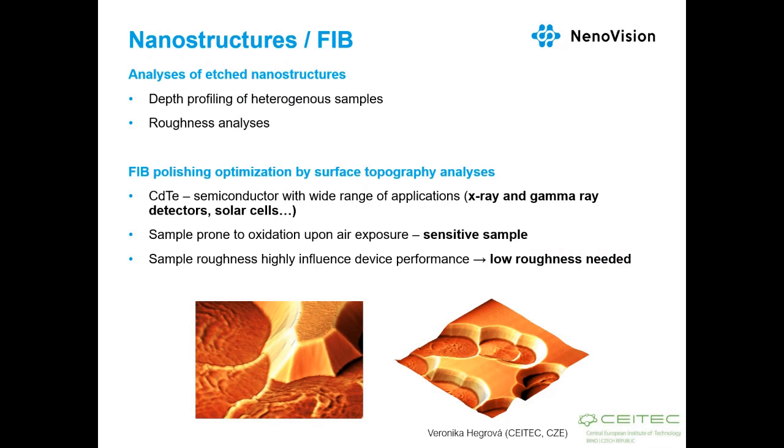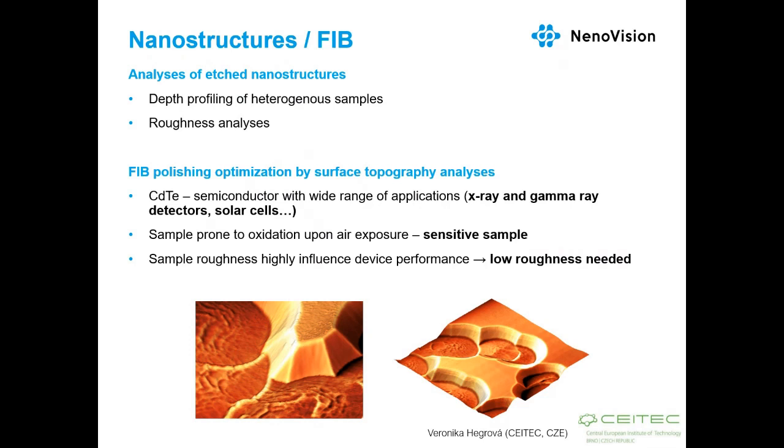Under air conditions, it oxidizes and changes. This is the reason why you need to do it in situ. And also the devices fabricated from these materials are very influenced by the surface roughness. So surface roughness influences the device performance directly.